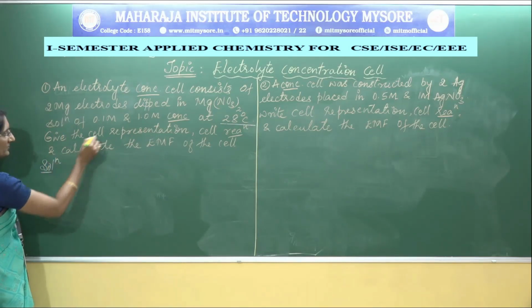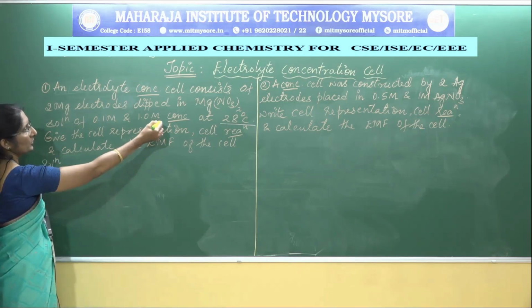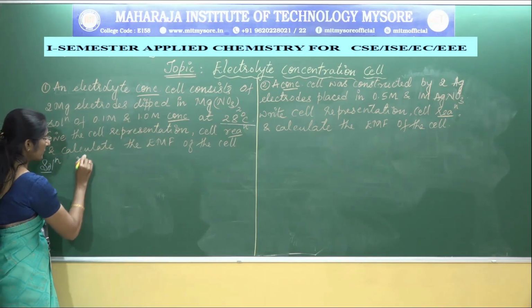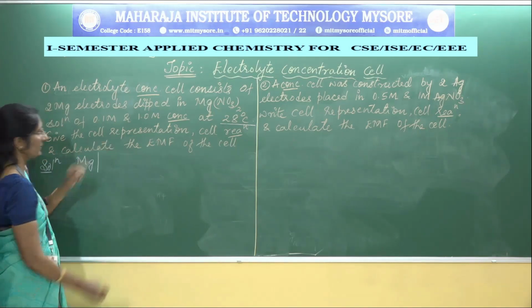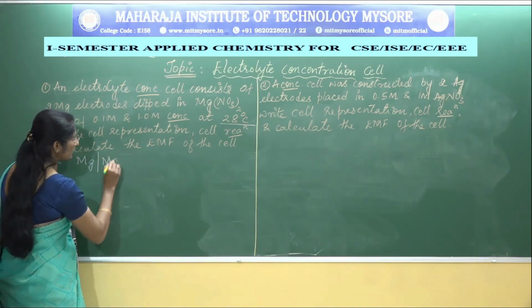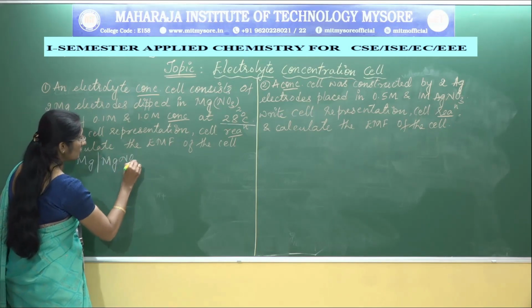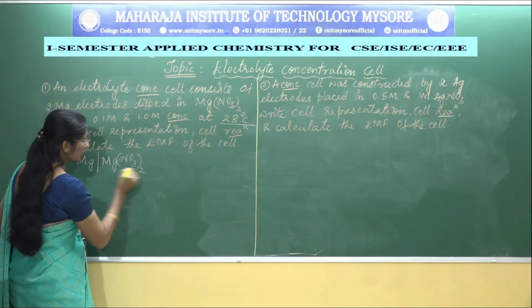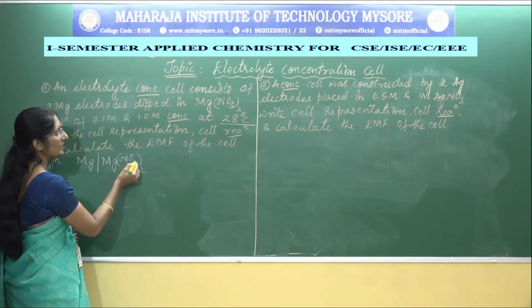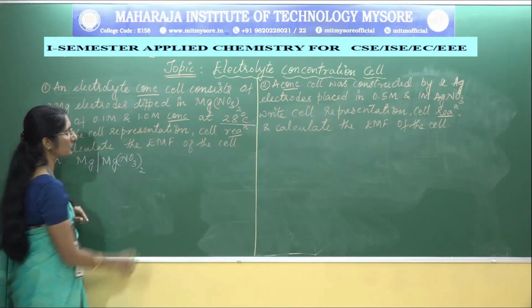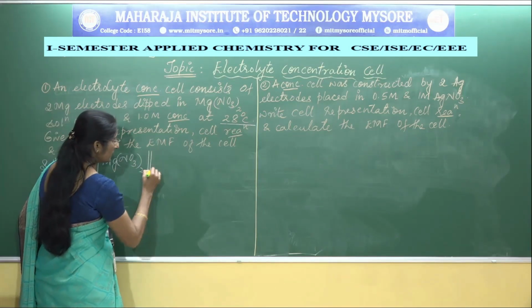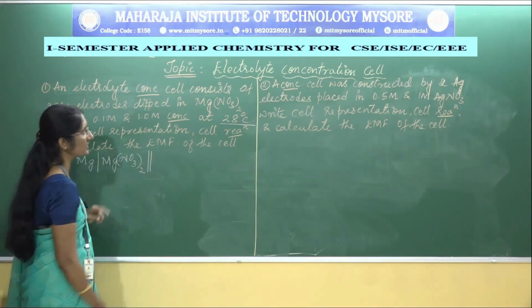Solution, how to represent the cell? Both the electrodes are made up of magnesium. So magnesium, then it is in contact with magnesium nitrate solution, Mg(NO3)2, because magnesium is bivalent and nitrate is monovalent. Then the salt bridge is represented by two vertical lines.